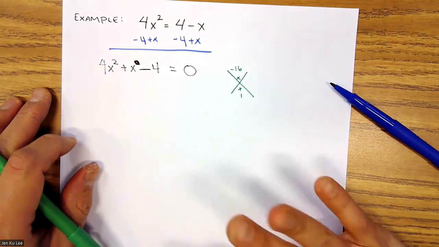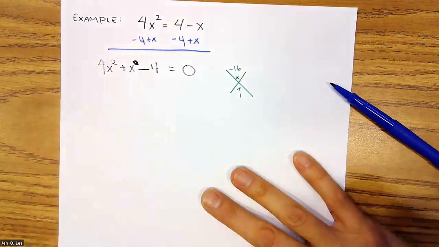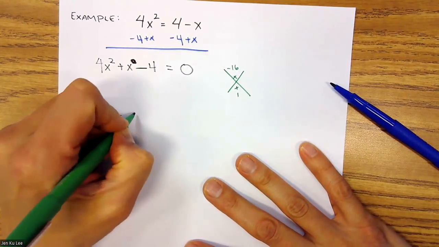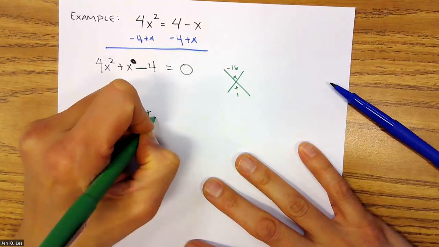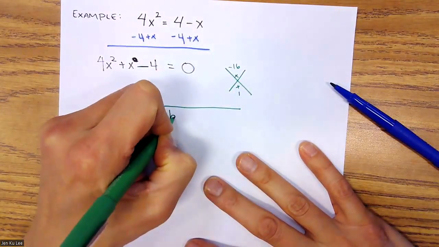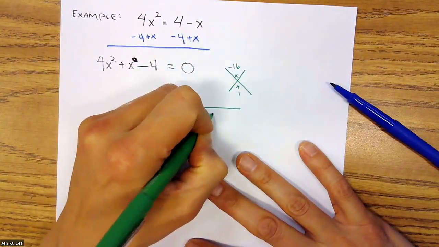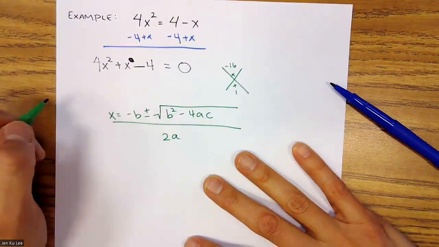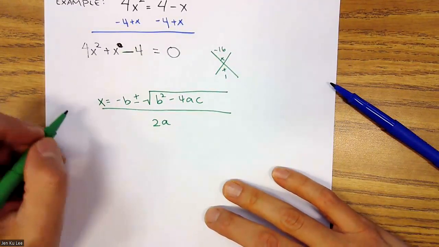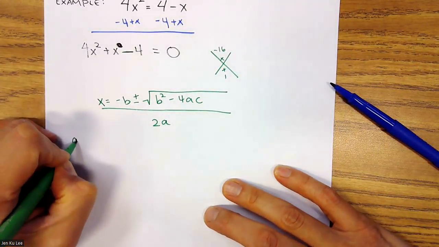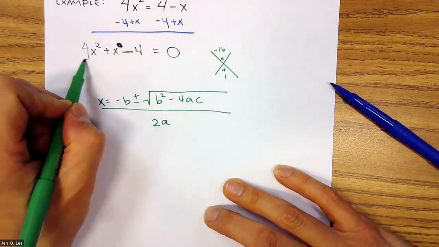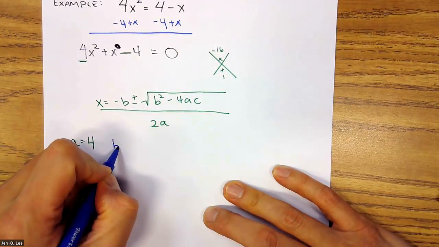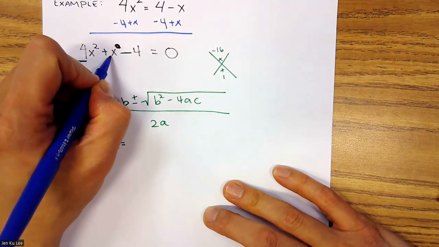So now we're going to use the quadratic formula. Just a reminder, I'm going to write it out here. x equals negative b plus or minus the square root of b squared minus 4ac, all over 2a. And remember that my a is always with the x squared. My b value is always with my x.